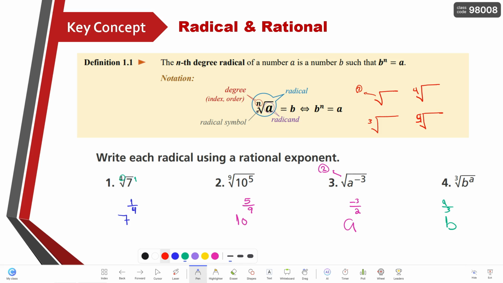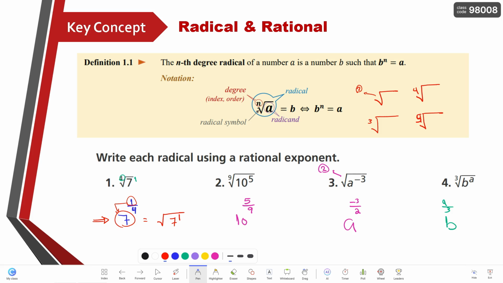On the other hand, if you are given the exponent form or the rational form, we can rewrite this as a radical form by writing the radical symbol, and then writing this number, which is 7, and then I'm going to separate the exponent by saying that the denominator would be the degree of this radical.